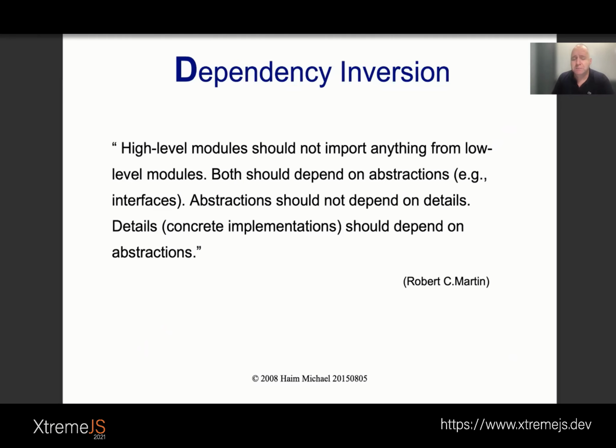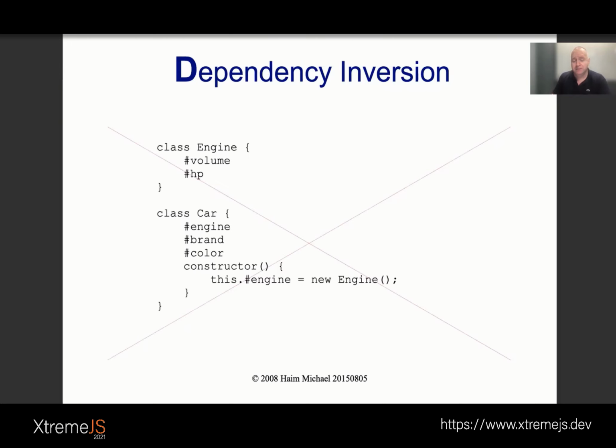Dependency inversion principle, you might have heard about it. Well, this code is not according to the dependency inversion principle, because here, when we instantiate a car, we find ourselves stuck with a specific object from a specific class that represents the engine.